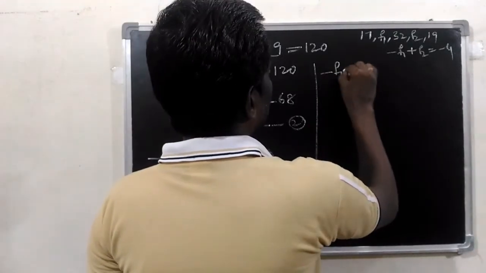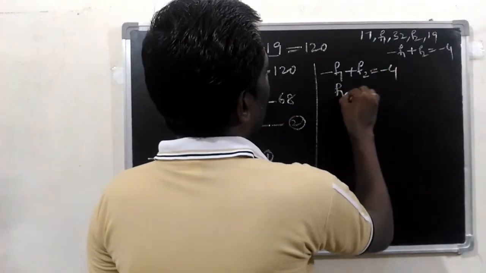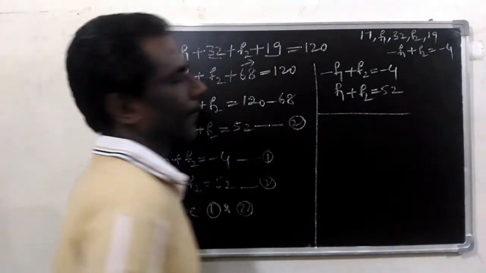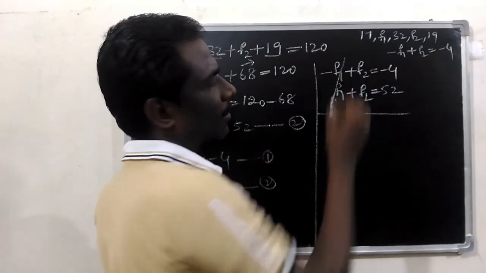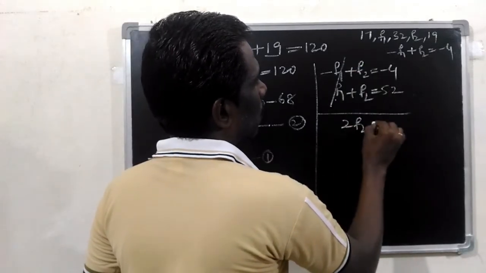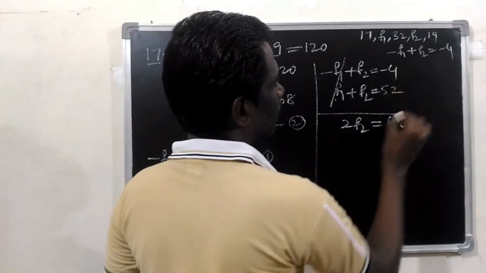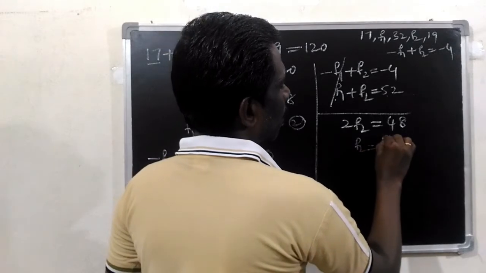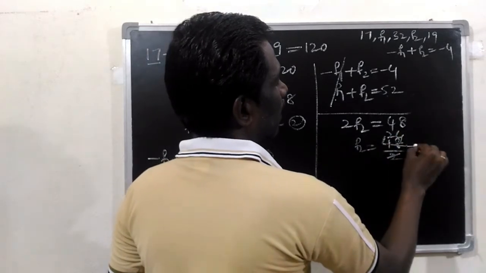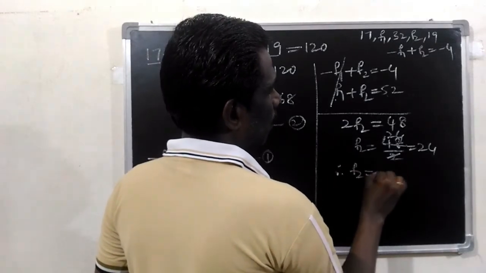Minus f1 plus f1 gets cancelled. f2 plus f2 is 2f2 equal to, and 52 minus 4 is 48. So f2 is equal to 48 by 2. 2 fours are 8, so f2 is equal to 24.